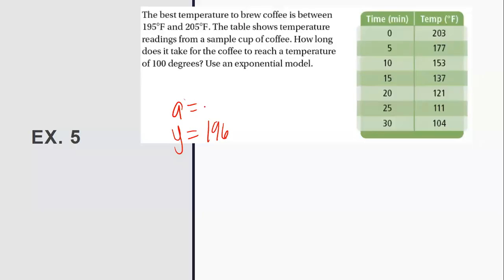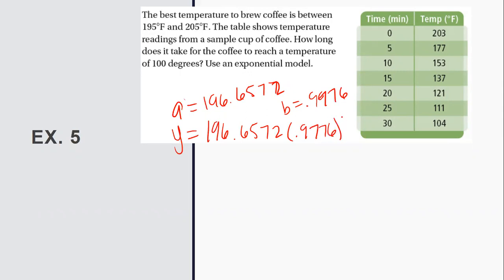We know our A is 196.6572, and our B was 0.9776, right? So we can write our equation: y equals 196.6572 times 0.9776 to the x power. So that's our equation.